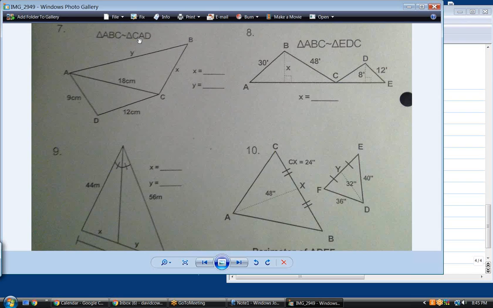Oh, I see what's going on. Oh, no, I don't. In other words, I think you're supposed to be able to say that angle A is equal to angle C, and angle B is equal to angle A, and angle C is equal to D. But not the way they've drawn it and labeled it.